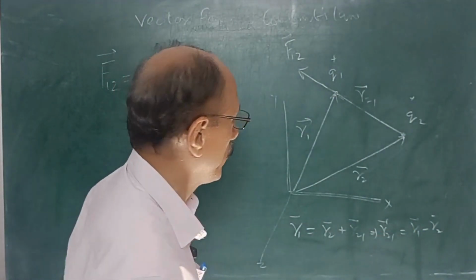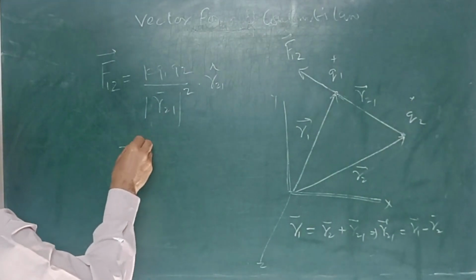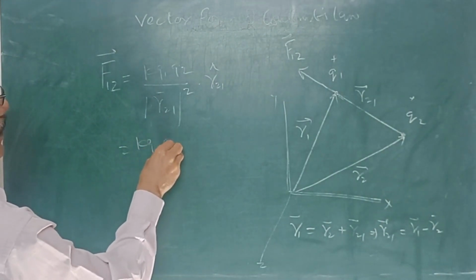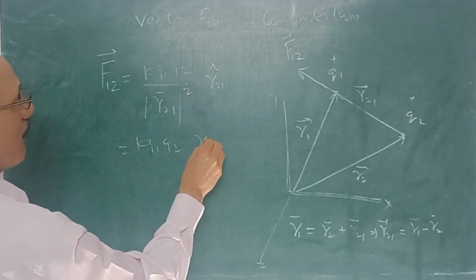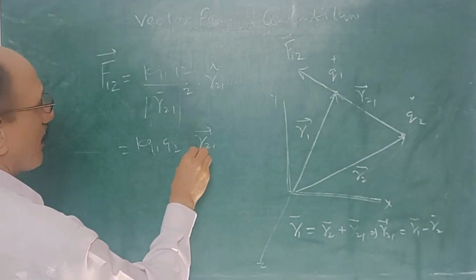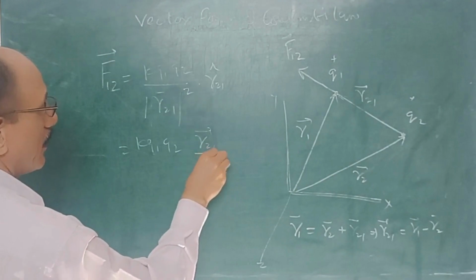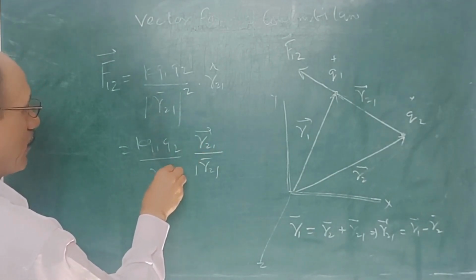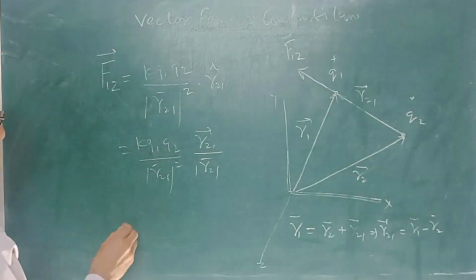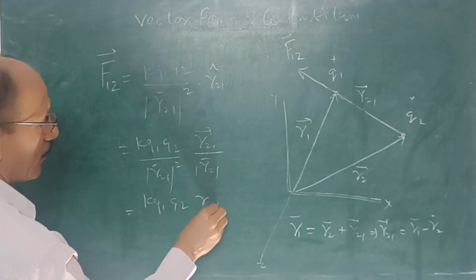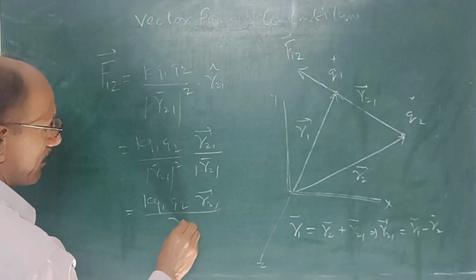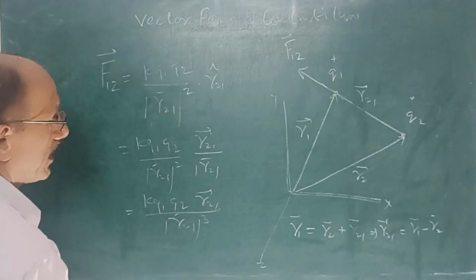So R1 minus R2. So here we have K Q1 Q2, and the unit vector along a given vector is always the vector divided by its magnitude. And here already it is R21 square. So you will get K Q1 Q2 R21 vector complete divided by R21 vector mod cube.